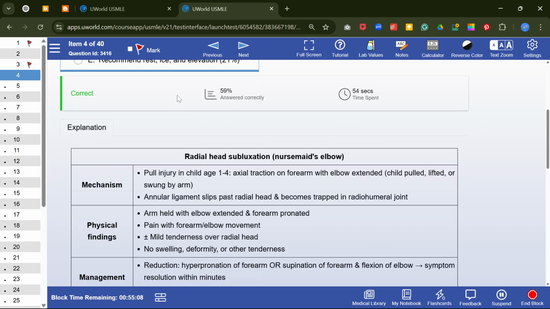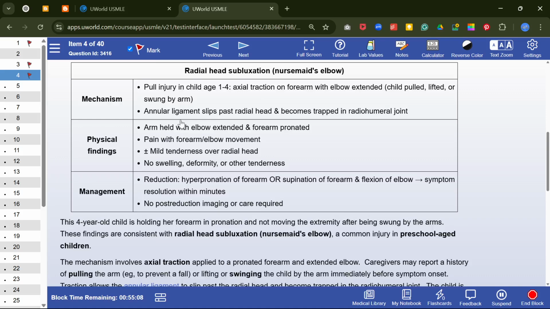This is radial head subluxation, nursemaid's elbow.